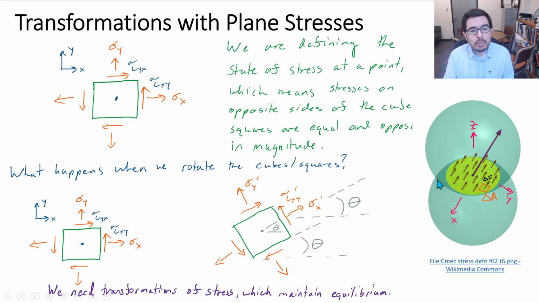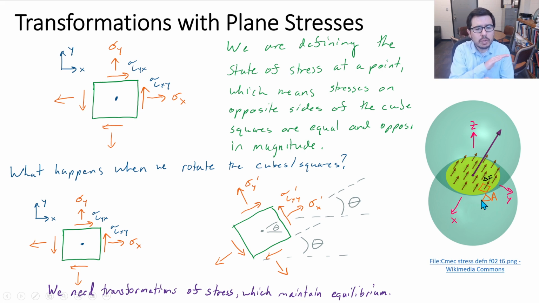But remember, I'm taking a slice at a particular orientation. So that is going to give me some resultant force and a set of stresses on that surface at some particular orientation, as we see here. It's going to be like this delta F over this delta A, some kind of small stress.